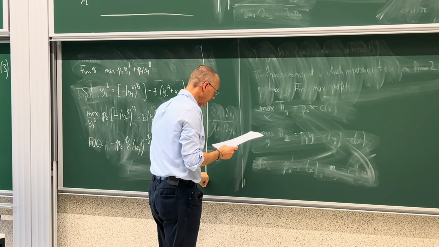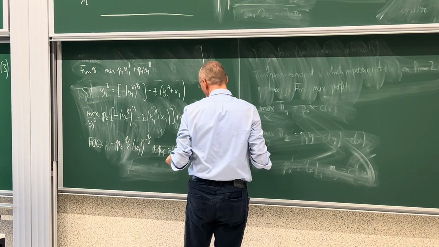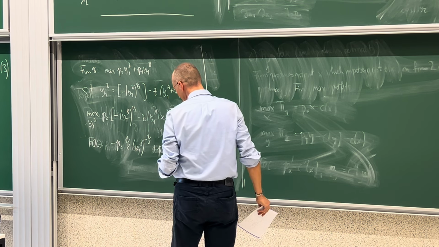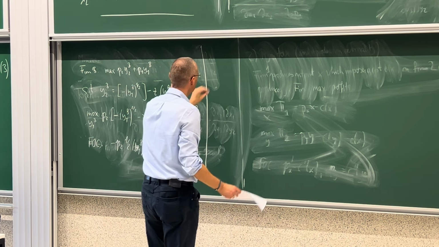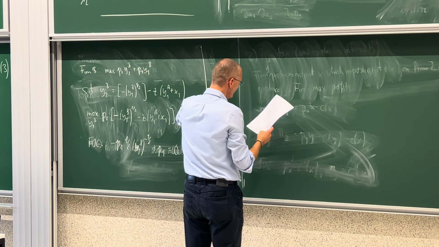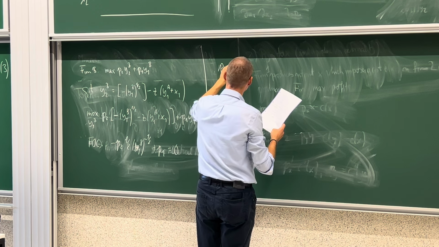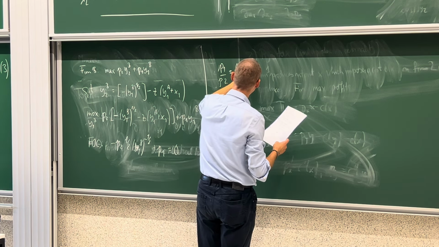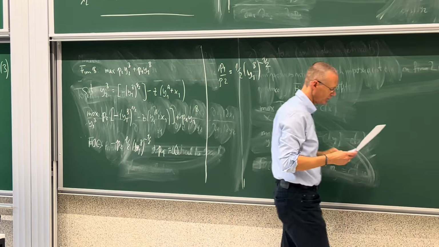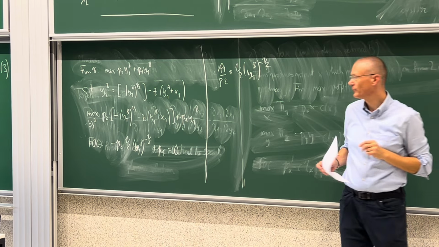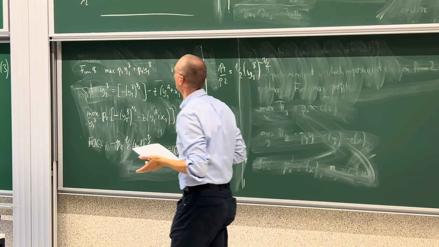And now you get P1 over P2, unsurprisingly, equal to 1/2 Y1B elevated to minus 1/2. So what we get is the same condition as before, but without the set.